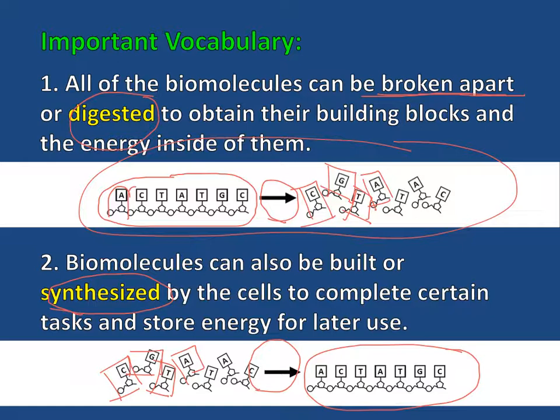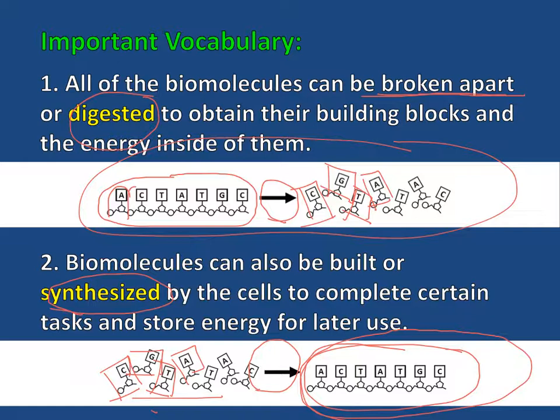And an anabolic reaction are chemical reactions inside of your cells that build new molecules. So that was number 2. We synthesized these building blocks into this molecule, which was the polymer. And I'll go ahead and make sure that's on the board too, so you can just get that jotted down.